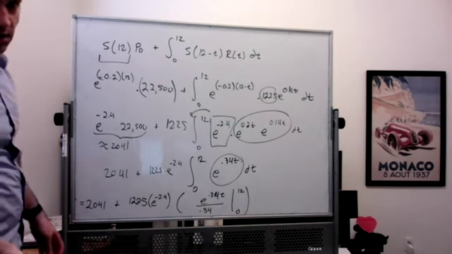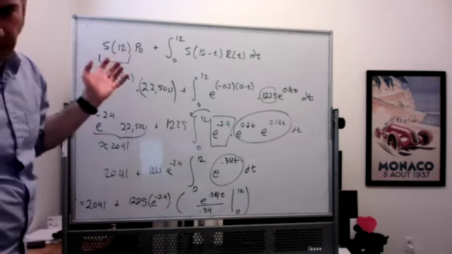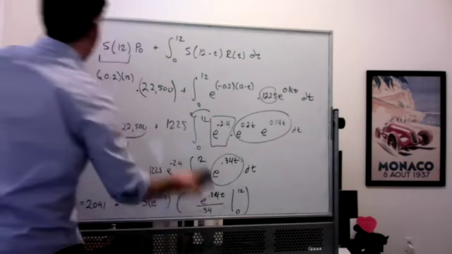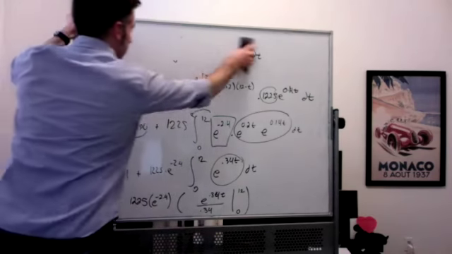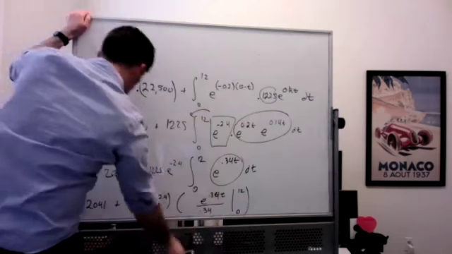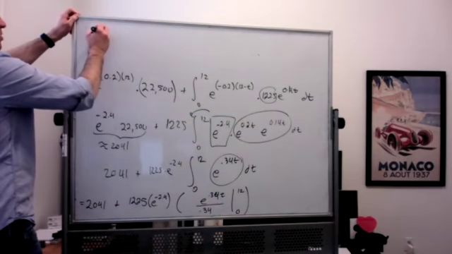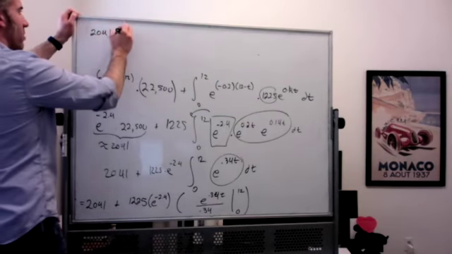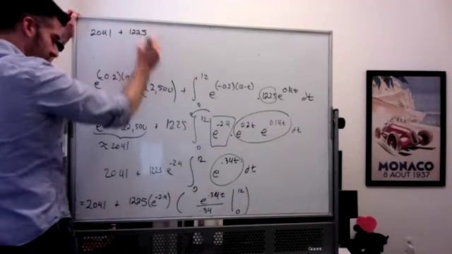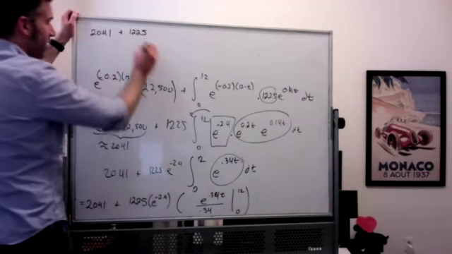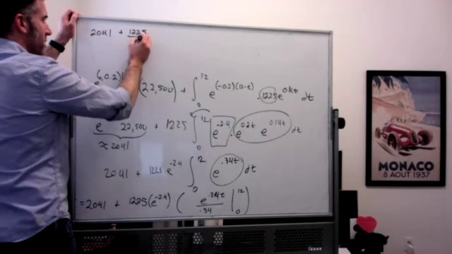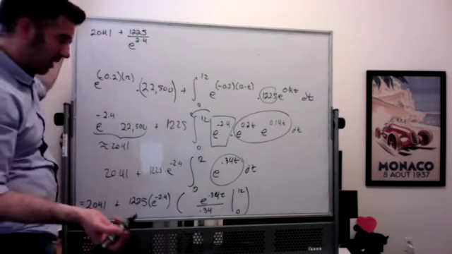Whew, that's a lot. And then we can plug it in, right? So to plug it in, I guess I'll go up here since I'm out of room. So if we plug it in, we get 2041 plus 1,225. I'm going to rewrite this as divided by e to the positive 2.4, just because it's easier to write it that way.